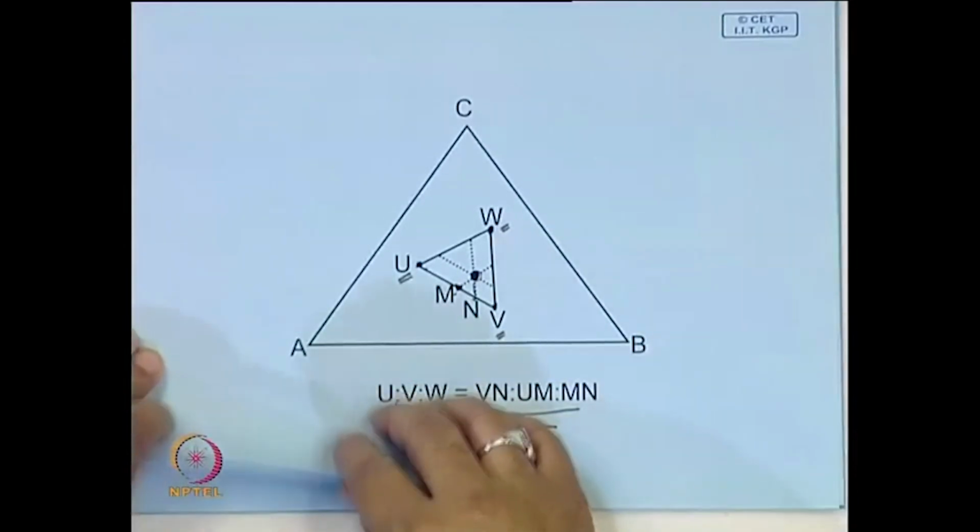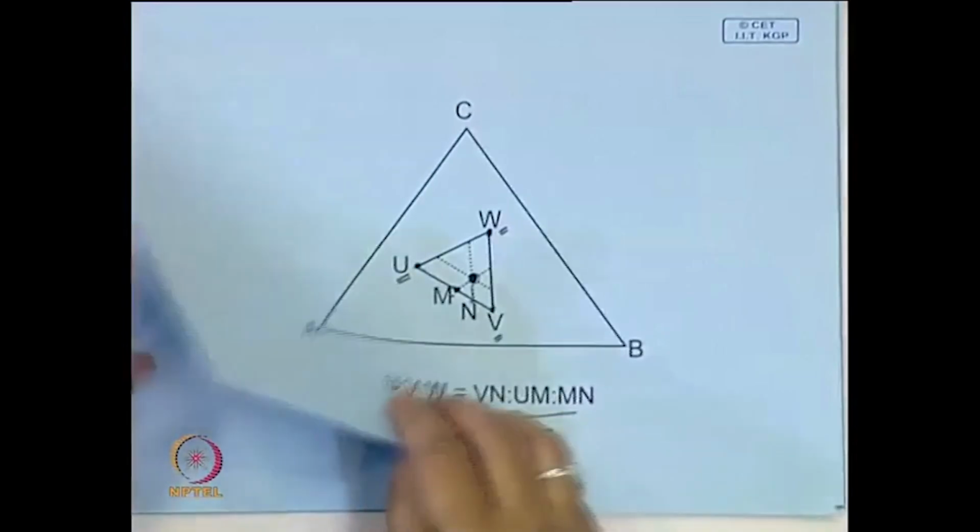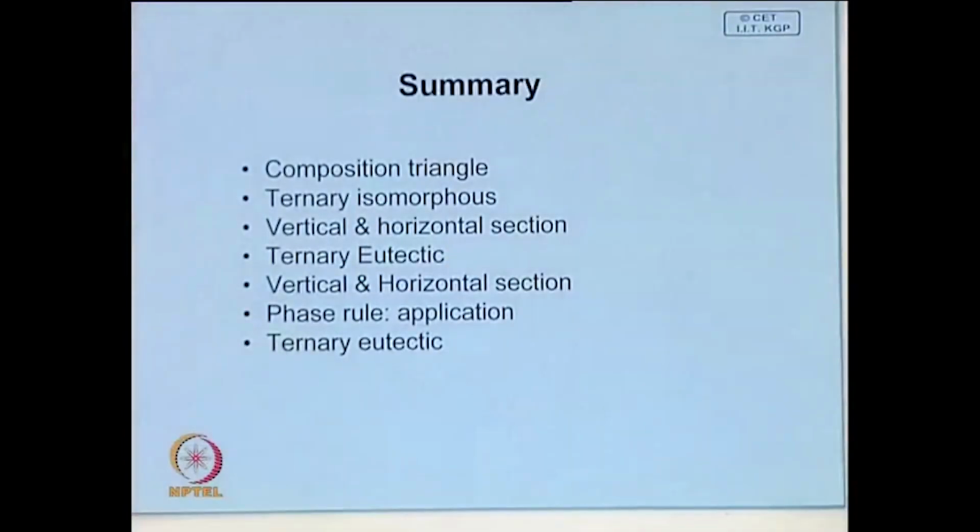With this, we now finish the case of equilibria in a multi-component system. We looked at the ternary system in detail, and higher order systems become much more complicated.